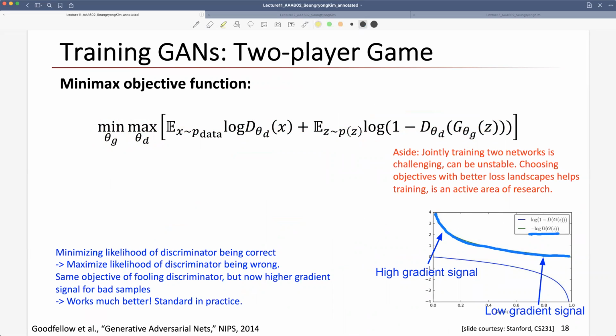So fortunately, when you make a new log graph, the high gradient signals occur in the low probability cases for the initially generated one.